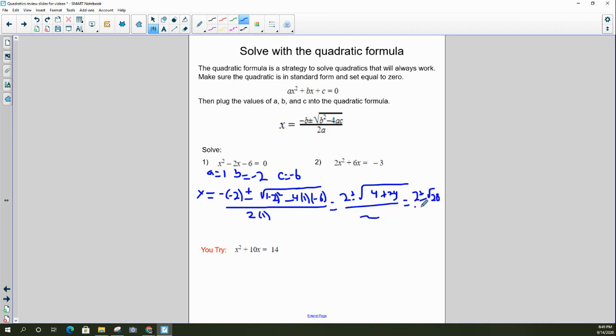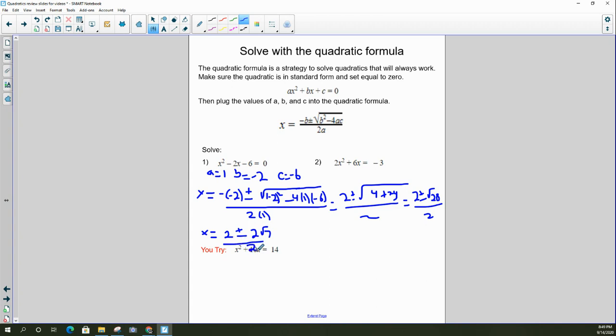Now we need to simplify the radical, what we just worked on in the last video. So 28 is 4 times 7, so that's going to be 2 rad 7. So I'm going to get x equals 2 plus or minus 2 rad 7 all over 2.